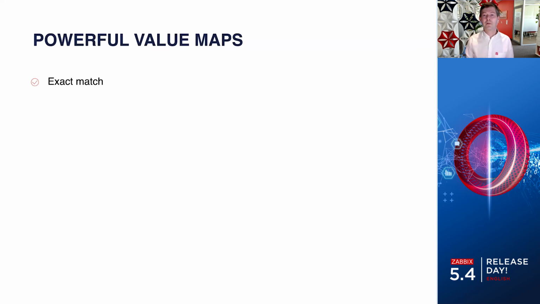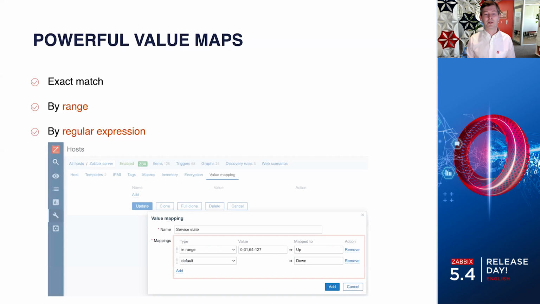In Zabbix 5.4, we extended it to support ranges. So you may tell Zabbix, if I receive a status between 0 and 127, I consider the service to be down. Any other value, it's up, or vice versa. And also, we have introduced matching by regular expression. Again, it's a very nice feature.